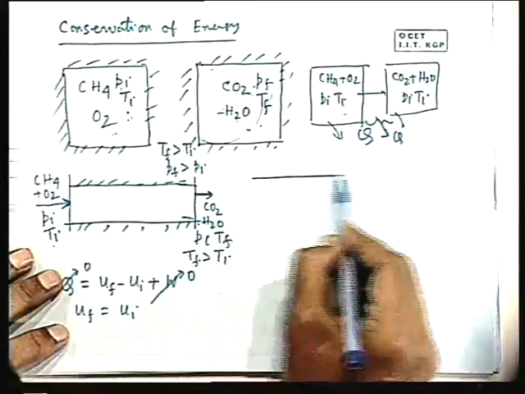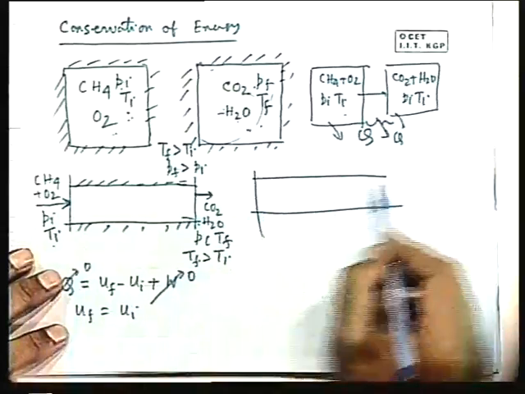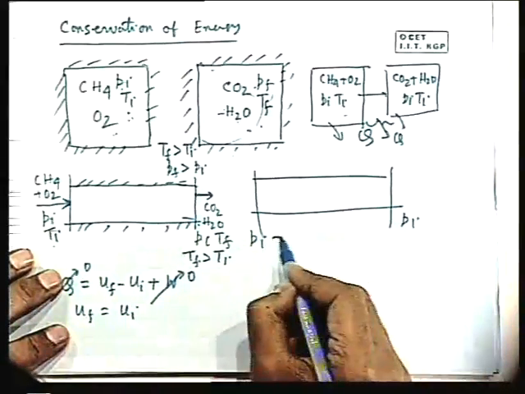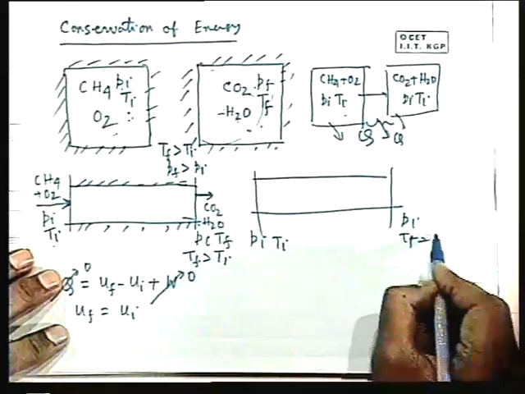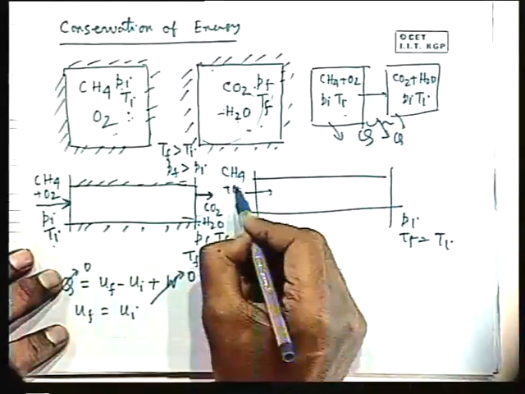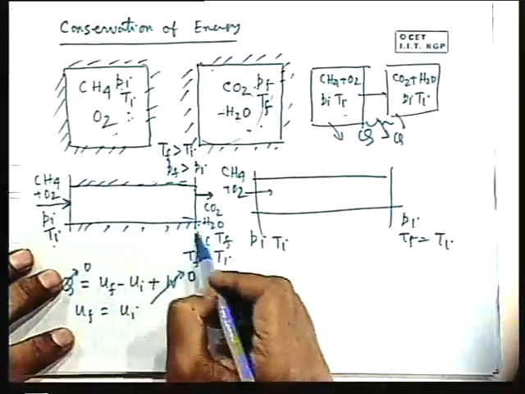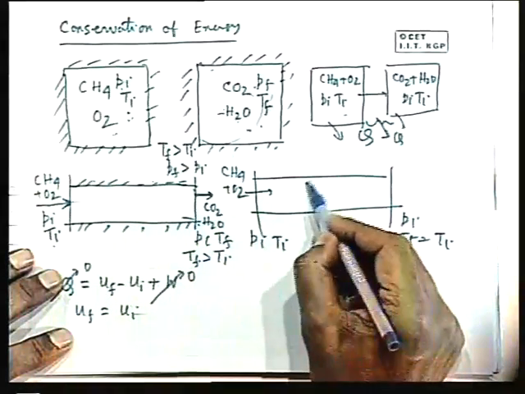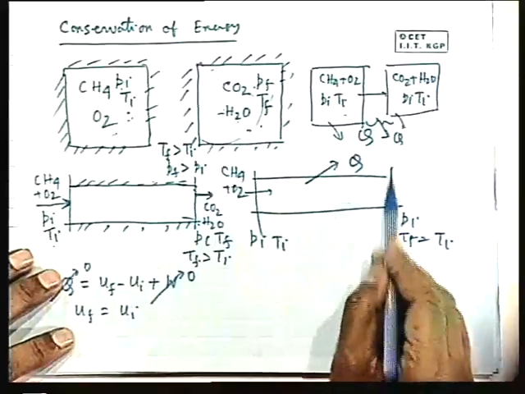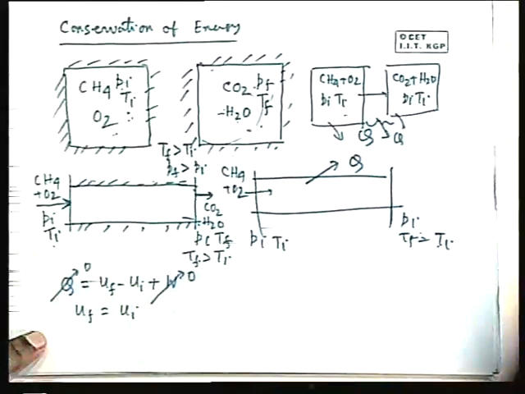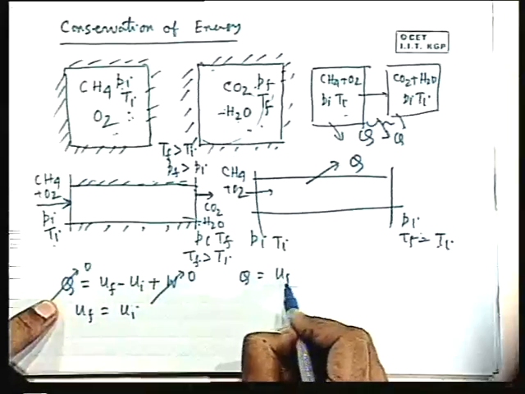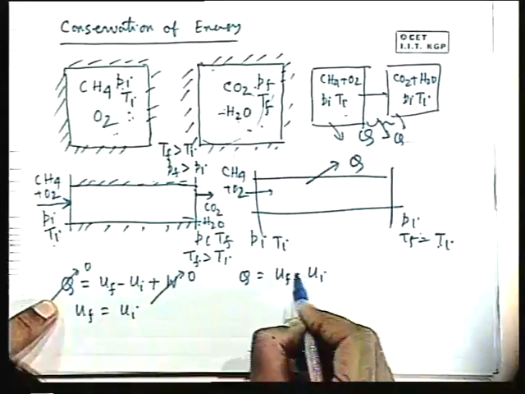Similar is the case here: if I have to make the process isothermal along with isobaric, Tf equals Ti, and from our experience, as in the adiabatic case the temperature shoots up, I will have to take out some heat to keep this condition. In that case Q is not 0; Q is equal to Uf minus Ui.